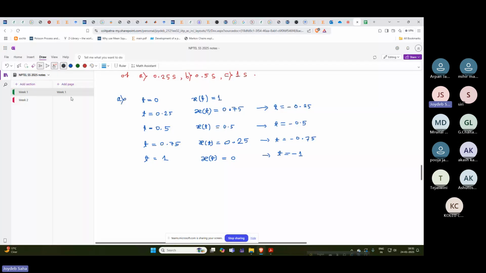So what sequence will we get for xn? For any other value of t, xt is 0.